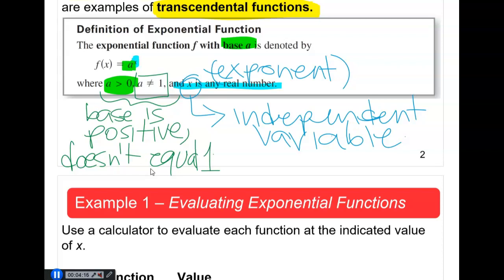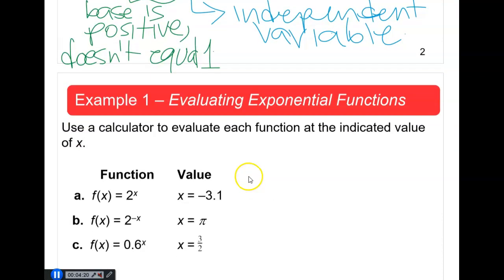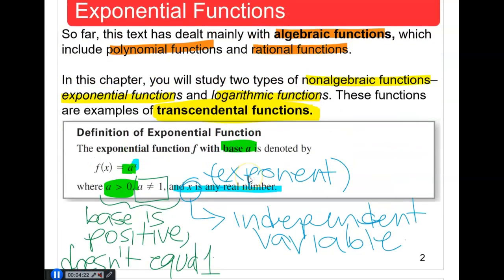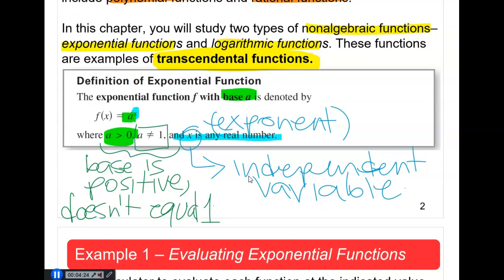And the reason for that is that if you had an exponential function with a base of 1, you will have something that, if we construct a table, and remember f of x is your output, your y value.